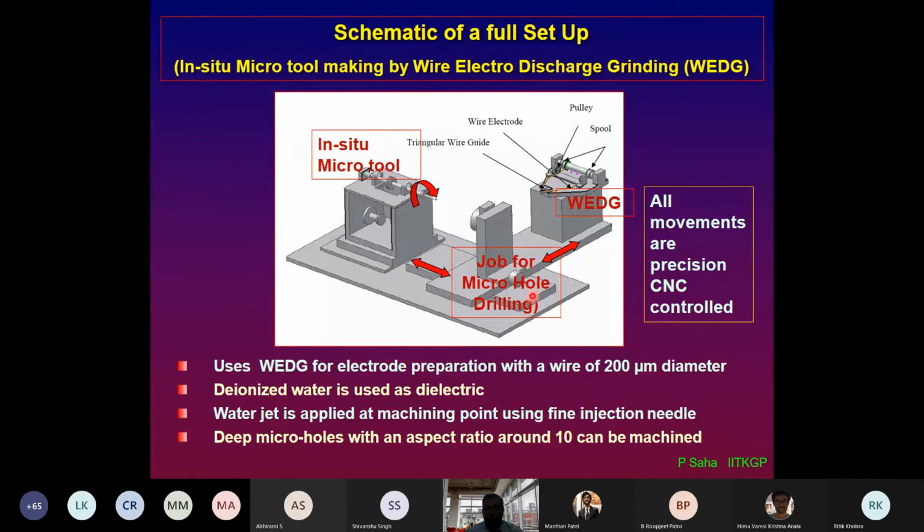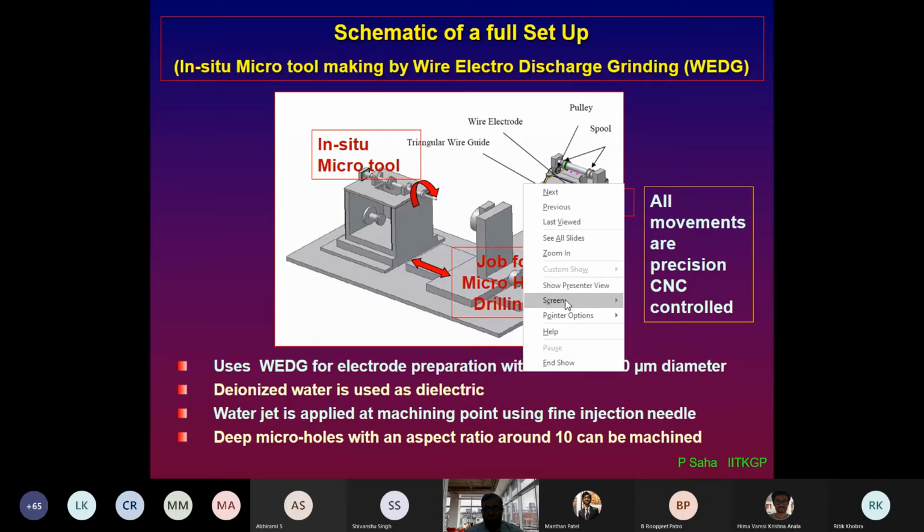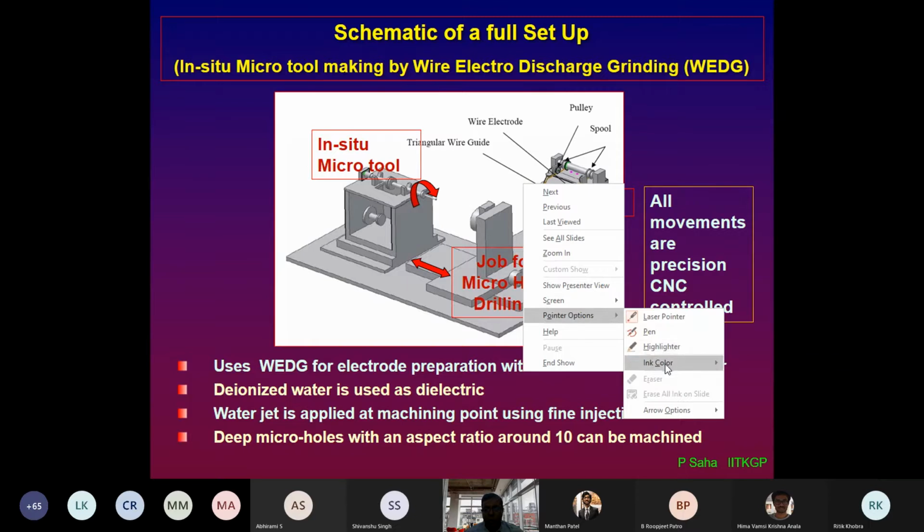This can be stretched back. Initially this can be extended further here. Initially, this is where I am holding the micro tool, and this is the micro shaft. In steps, the tip of the shaft will be reduced. But initially this will be moved from here to here. So what do I have to do?